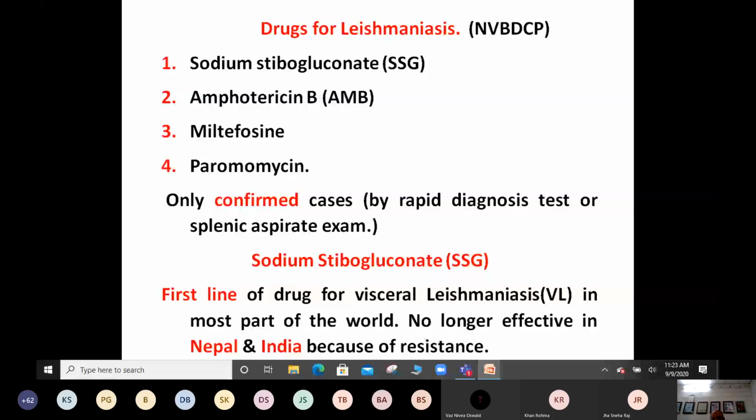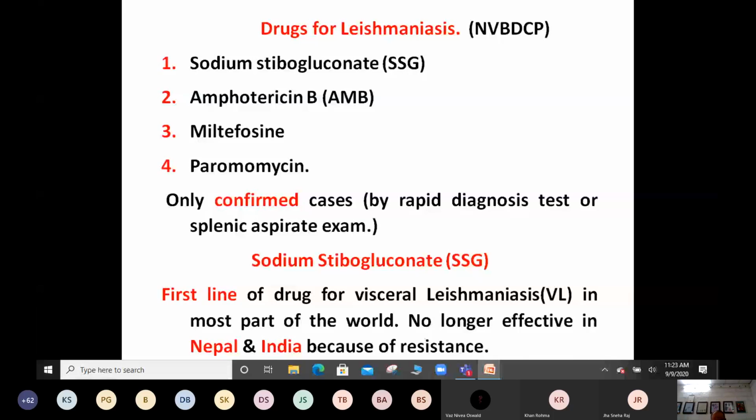Now after having this introduction, let us study the drugs one by one. To start with, sodium stibogluconate, which is abbreviated as SSG. This is the first line drug for the treatment of visceral Leishmaniasis, that is Kala Azar, in most parts of the world, but not in India and Nepal, because of resistance.